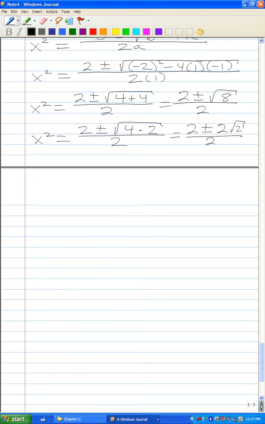And so I can write x squared as 2 times 1 plus or minus rad 2, over 2. The 2's cancel. And so I get 1 plus or minus rad 2. And so that's x squared.